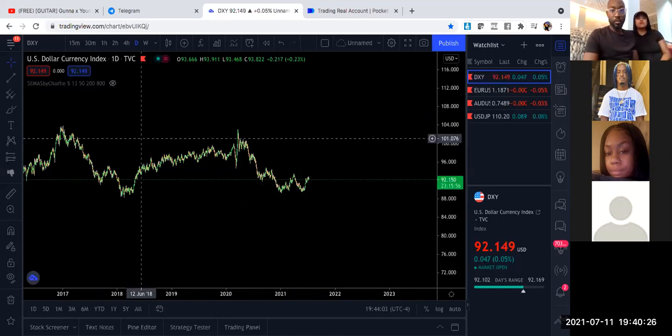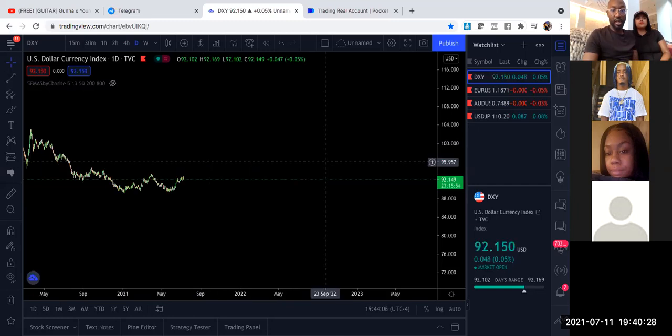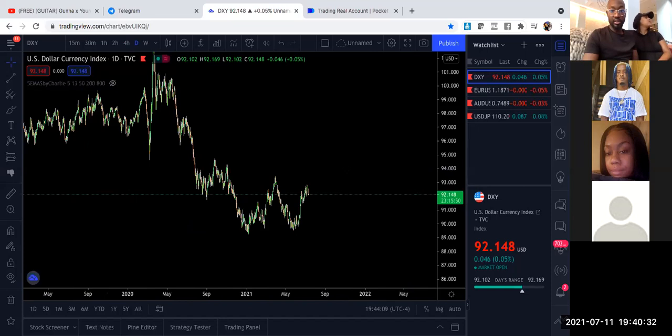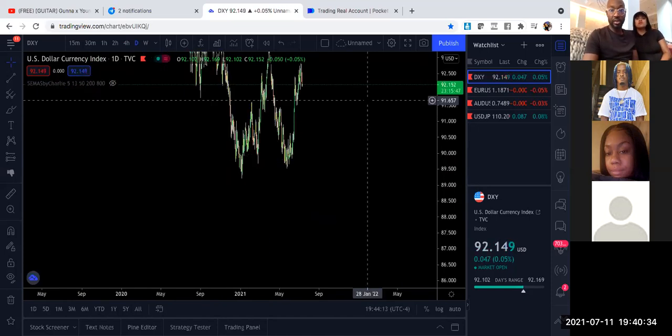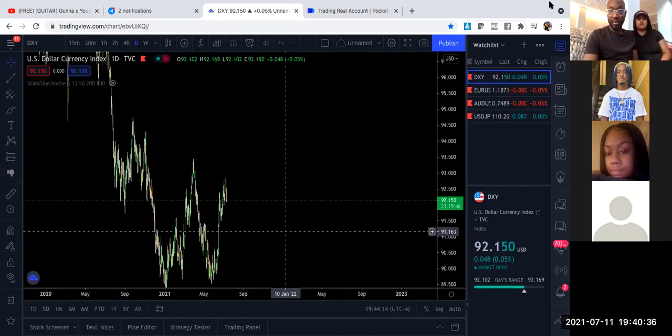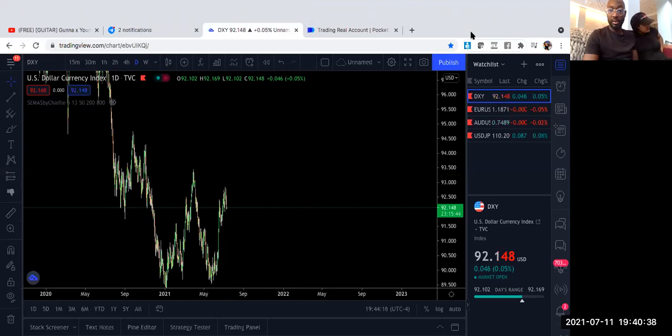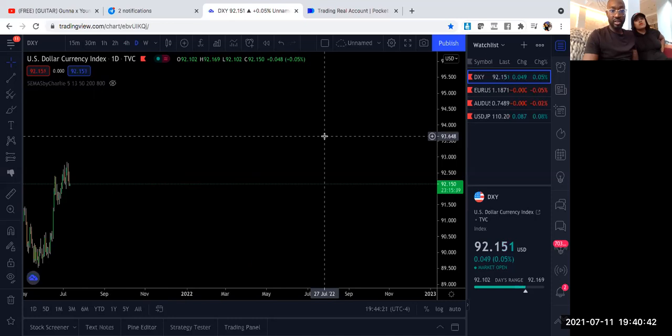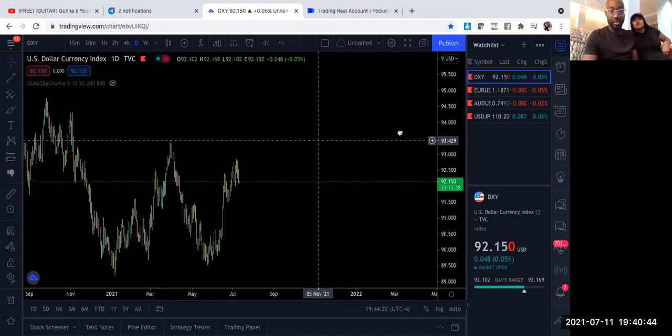So let me go ahead and identify important levels. It's as simple as looking for key levels above and below where price is right now. Let me move this right here. Price is at 92.150. Let's find some areas that I consider to be key.